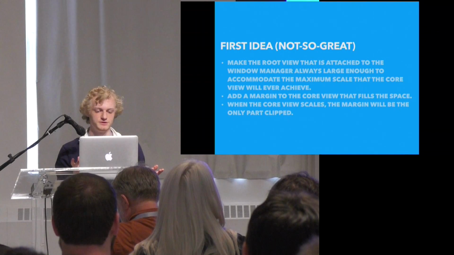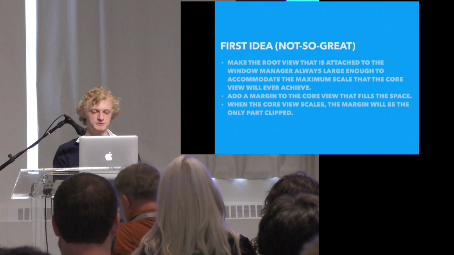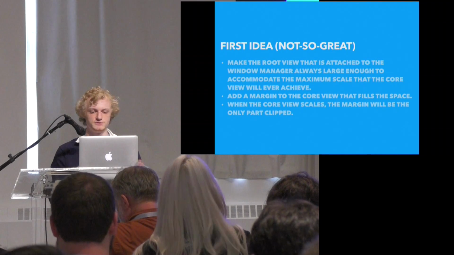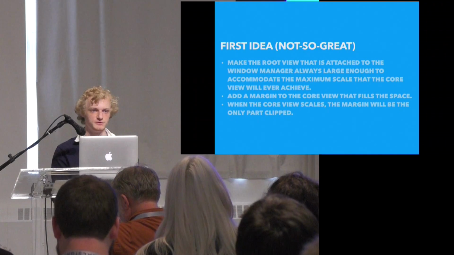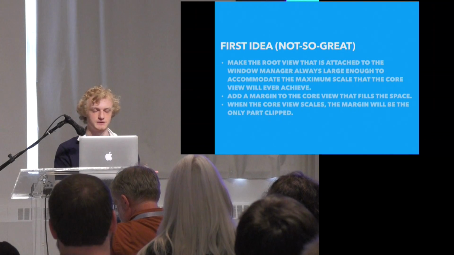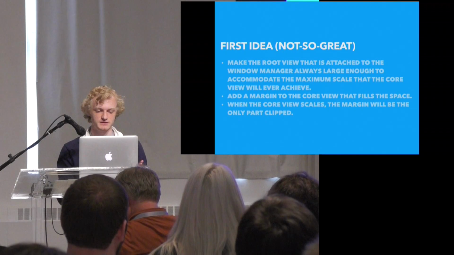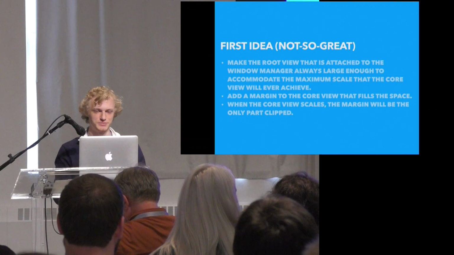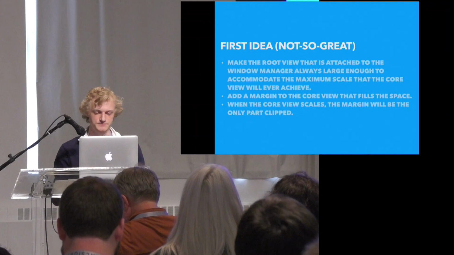If we wanted to scale that 2x, we would just make our parent view 2x the width and height, and place our core view inside of it. And now when we scale, it's not going to be clipped because it's all inside the parent. So any scaling works perfectly, and the only parts that are clipped are now our margins that we don't care about anyway.